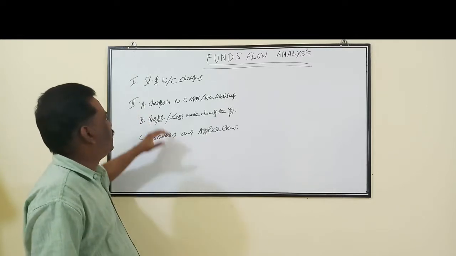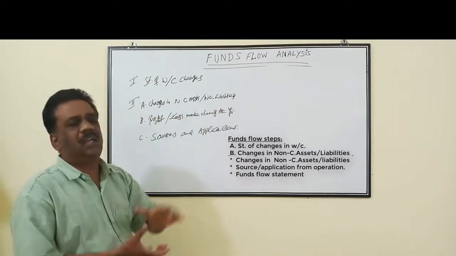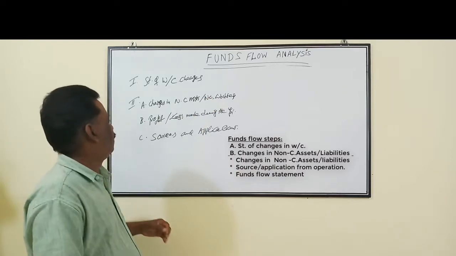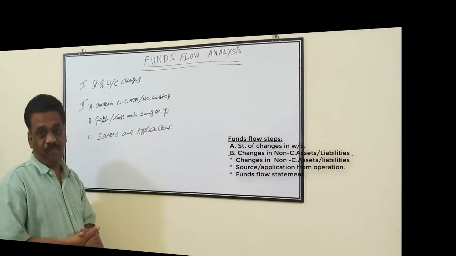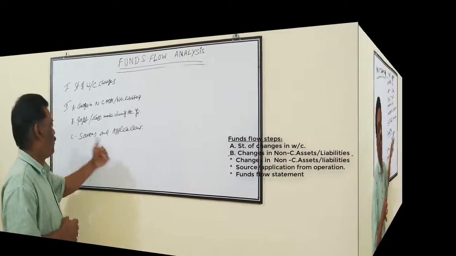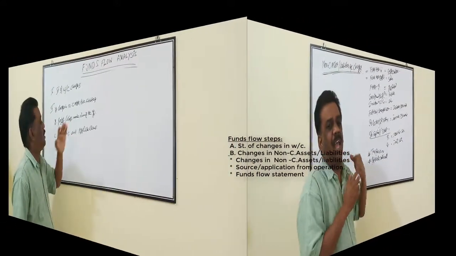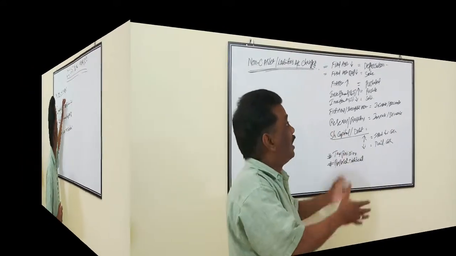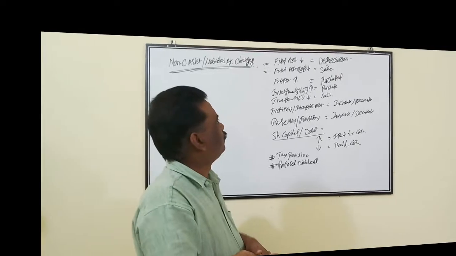The second part deals with three steps. One is statement of changes in non-current liabilities and accounts identification. Then, the profit or loss made during the year, or source from operation. The third one is sources and applications accounts given, for which one has to take all the non-current assets and liabilities accounts.